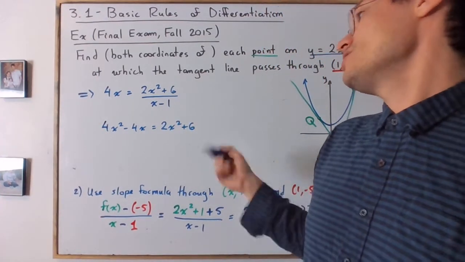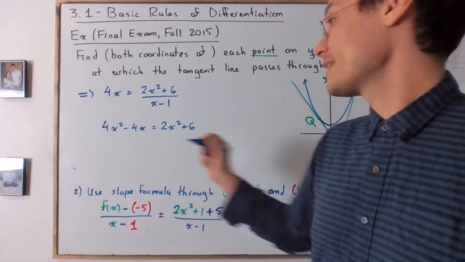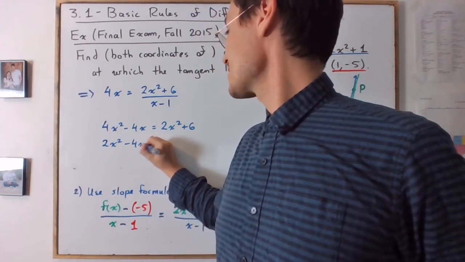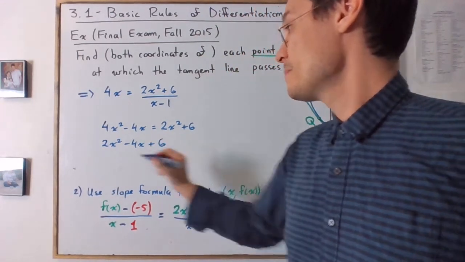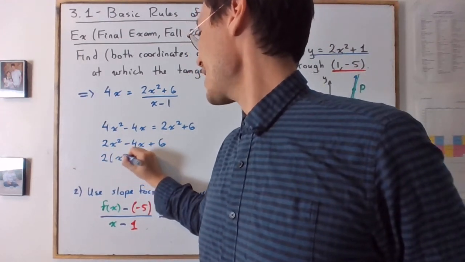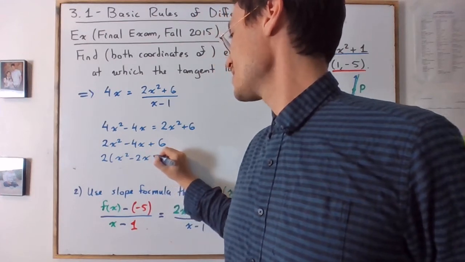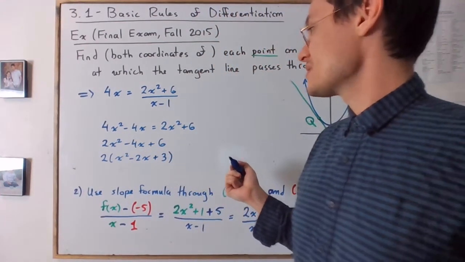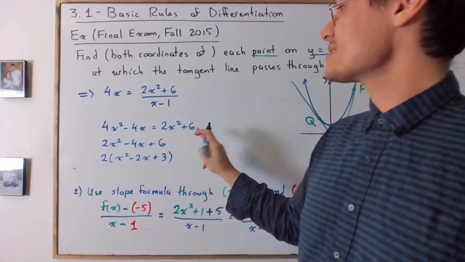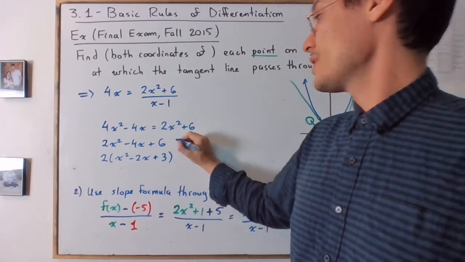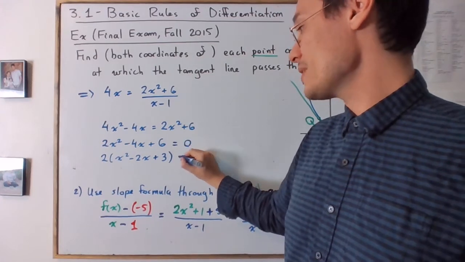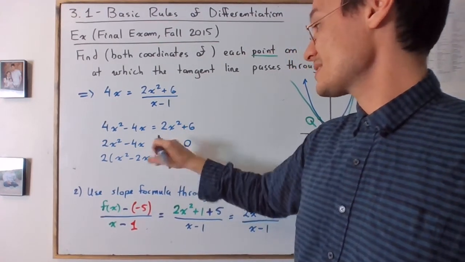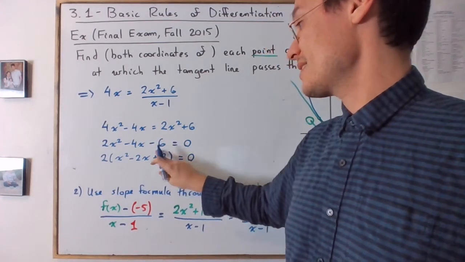Then obviously you just grind the coffee and solve that equation. So you have 2x squared minus 4x plus 6, meaning 2 times x squared minus 2x plus 3. Now I'm a little bit puzzled here. Oh, I've made a mistake in the sign. There you go. You should have equals 0 here. That's why I messed up. I went a little bit too fast. So this should be a -6.